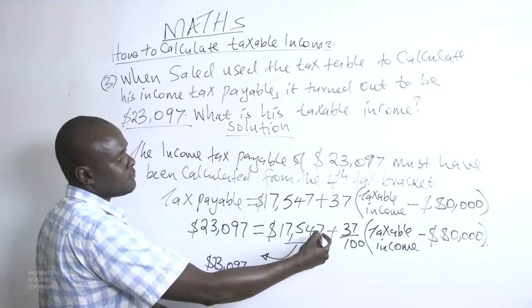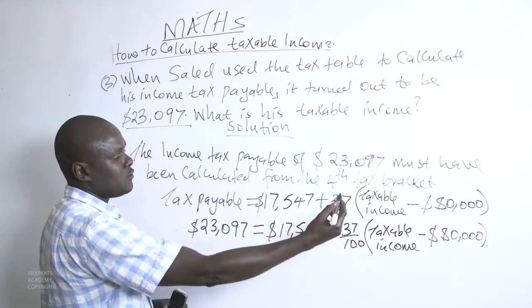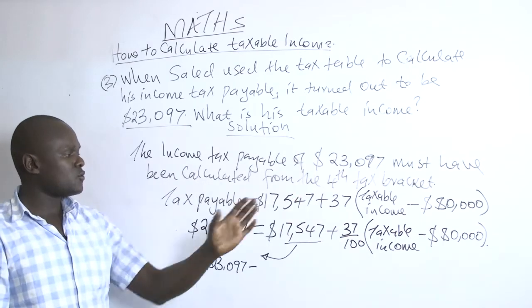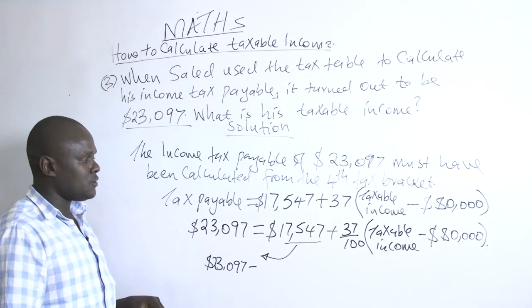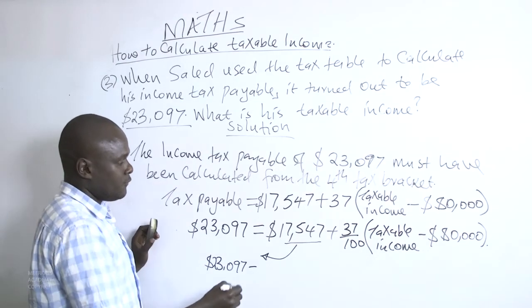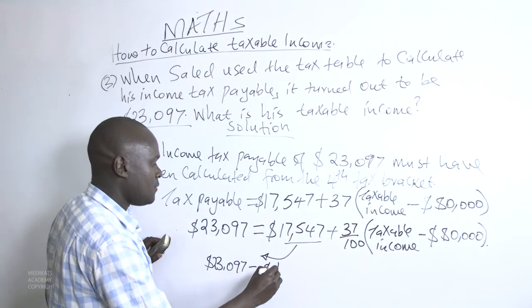We subtract $17,547 on one side, and the same applies on the other side.